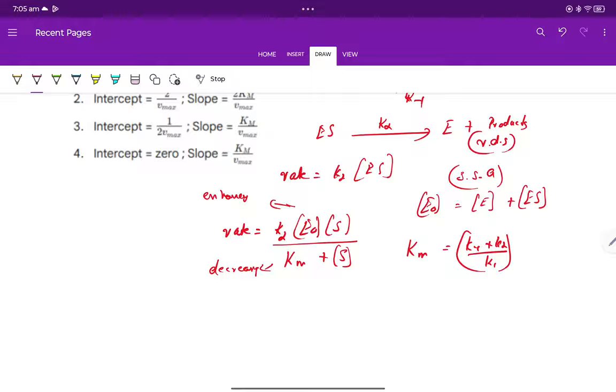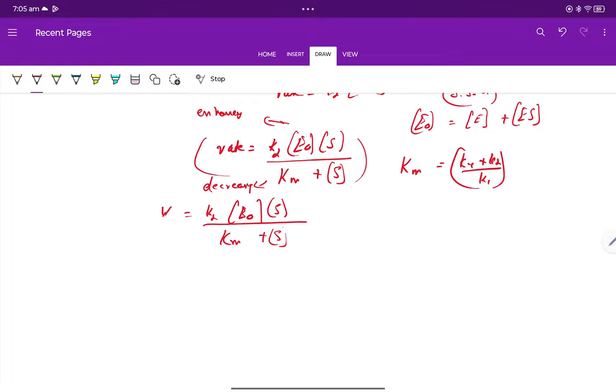So our rate equation is rate equals k2 into E0 into S by Km plus S. Now, what will be the maximum rate? Let us denote the rate or velocity as V, since in your question it is given as V. I am rewriting this equation: V equals k2 E0 into S divided by Km plus S. The maximum rate is denoted as Vmax, and it will be equal to k2 into E0.